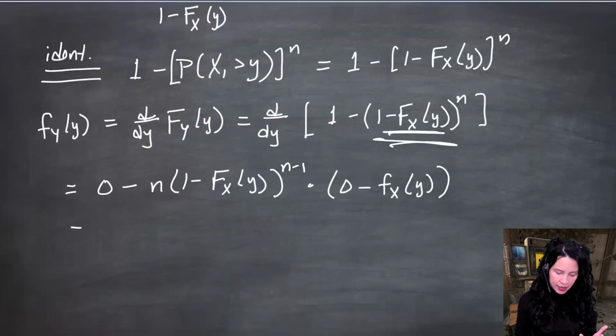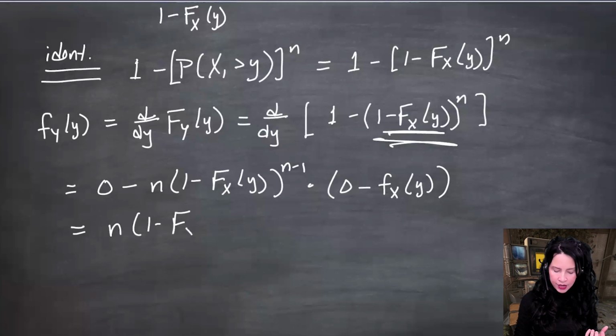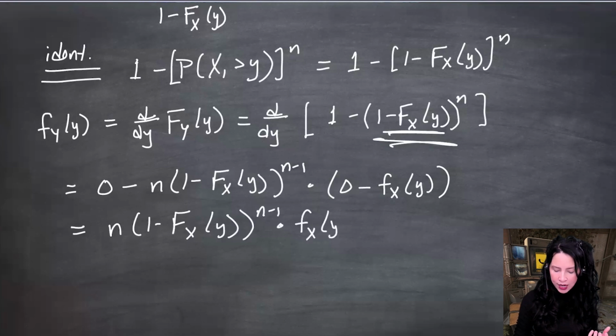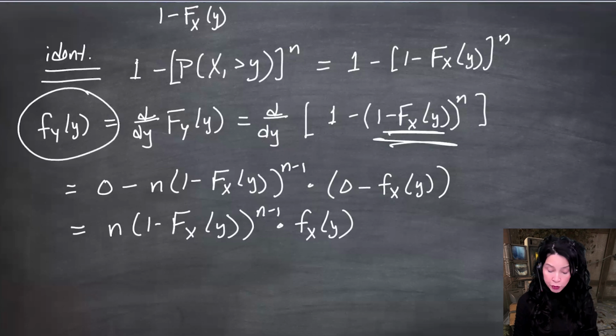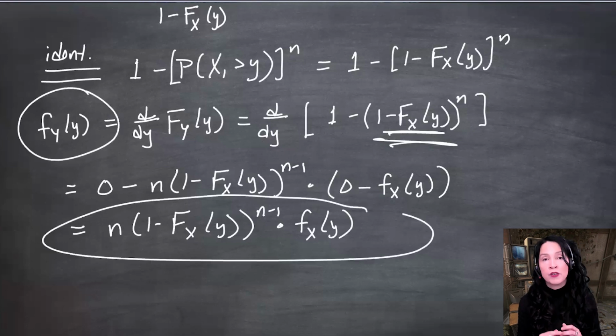So a couple of negatives cancel, and I've got n times 1 minus capital F_x of y to the n minus 1 times lowercase f_x of y. The PDF for the minimum can be written in terms of the PDF and CDF for the individual x's in the random sample.